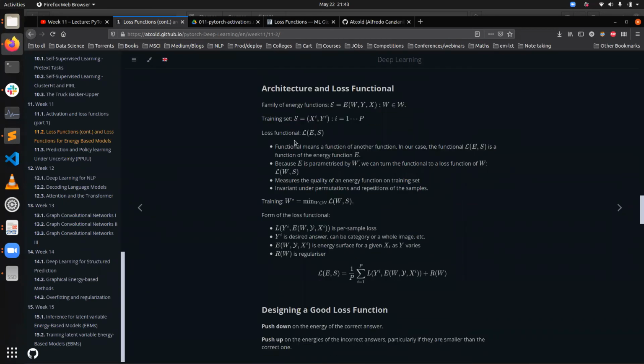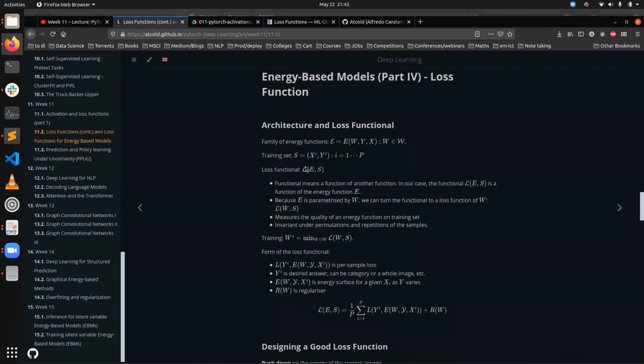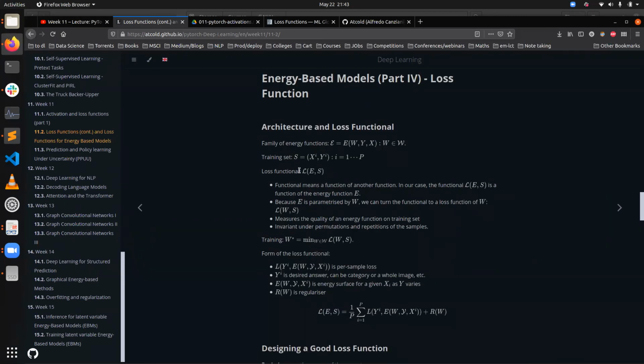And your loss function here is a function of your training set and your energy function. So there are two things: there's loss functional and loss function. Functional means a function of a function. So here loss is a function of E, which is a function in itself, right?